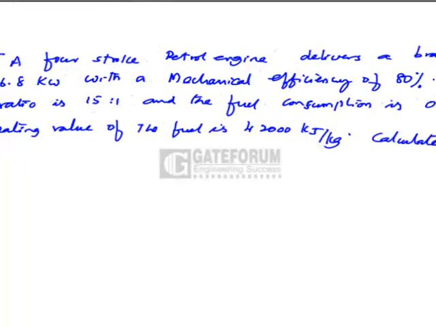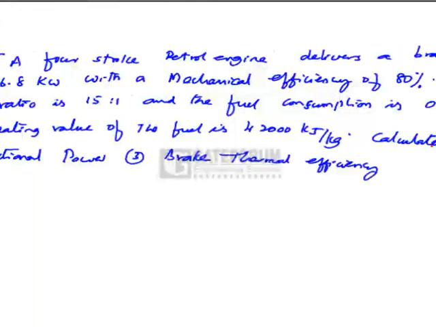Calculate number 1, IP, that is indicated power. Number 2, frictional power. Number 3, brake thermal efficiency.